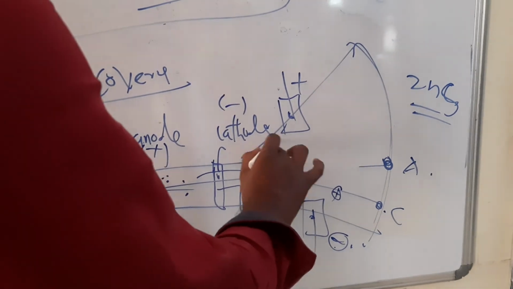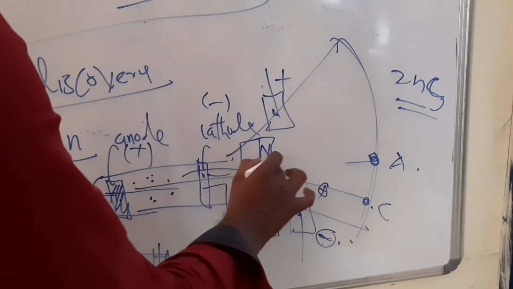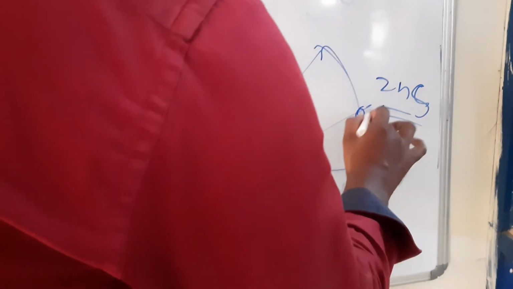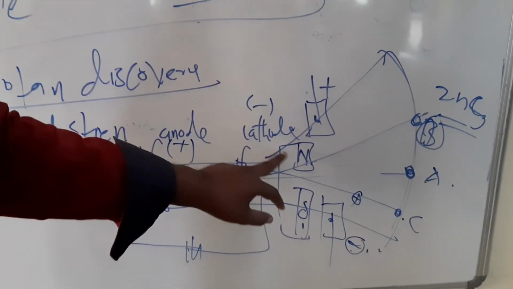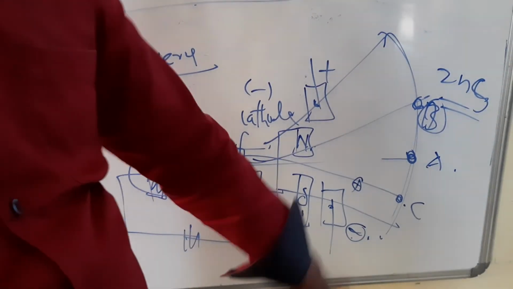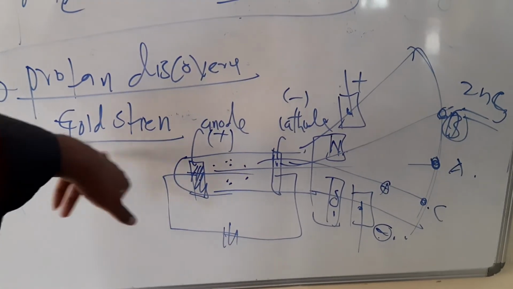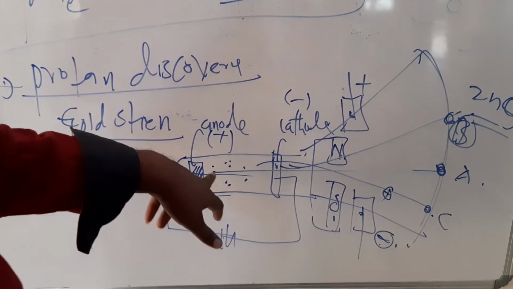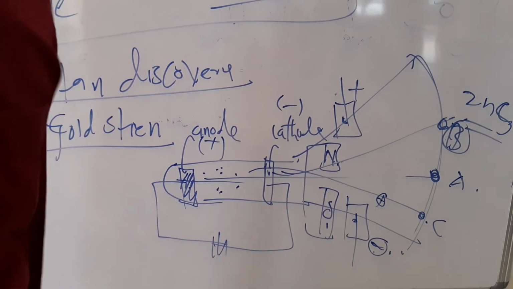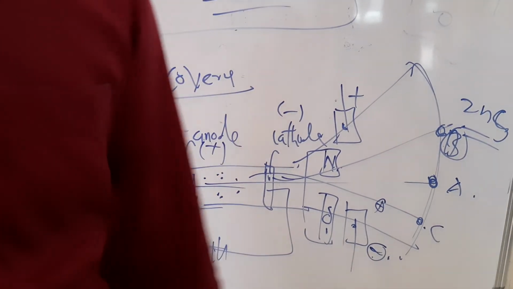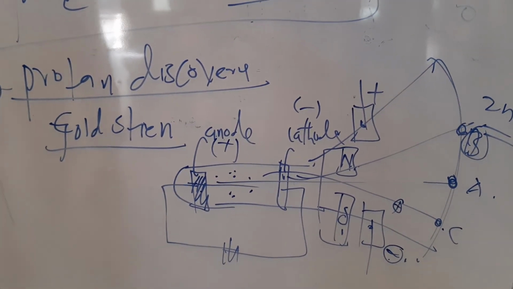In the presence of a magnet, they are attracted towards the south pole and touch point B. In the presence of an electric field, they are attracted towards the negative plate. So based on this, Goldstein concluded that the anodic rays are positively charged particles. They have positive charge and they are nothing but protons.